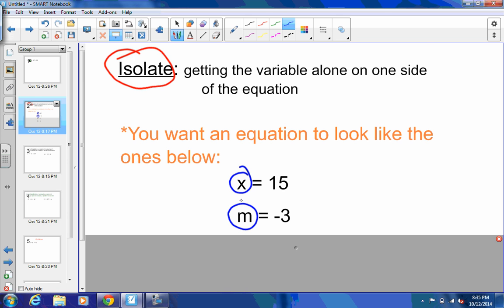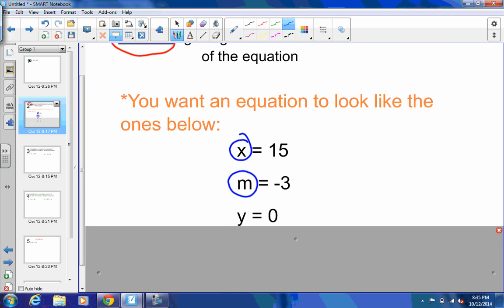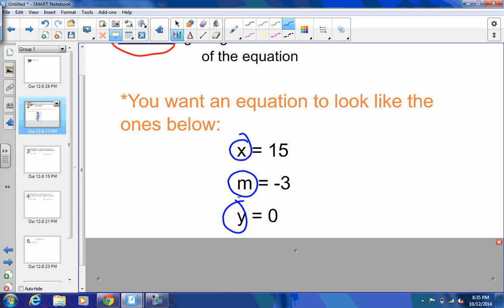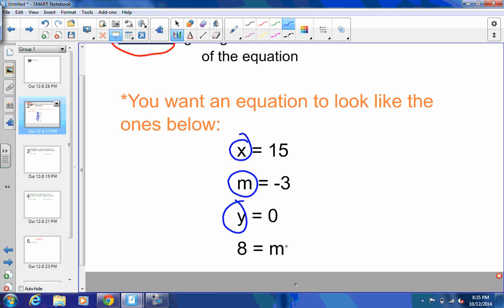You isolated it on one side. Another example here would be y equals 0. Y, again, is all by itself on one side, so we solved for y. And then lastly, to isolate m, here we got m equals 8. Again, that one is all by itself on one side. Even though it's on the right side, it is by itself. And then 8 equals m, or m equals 8. So that would be isolating a variable.